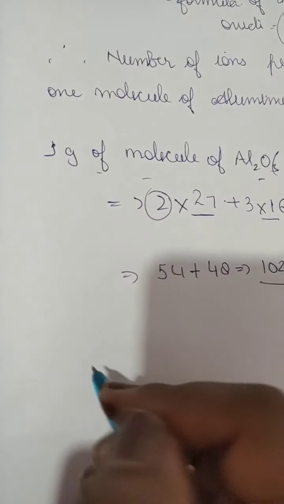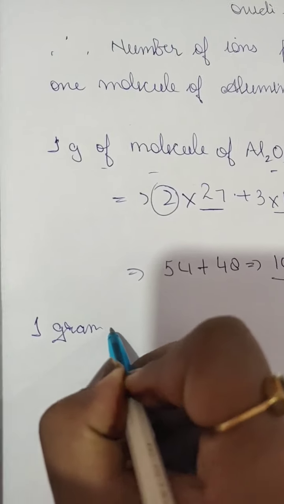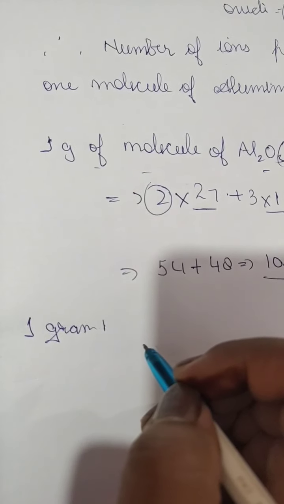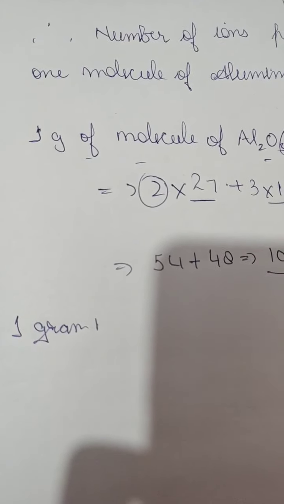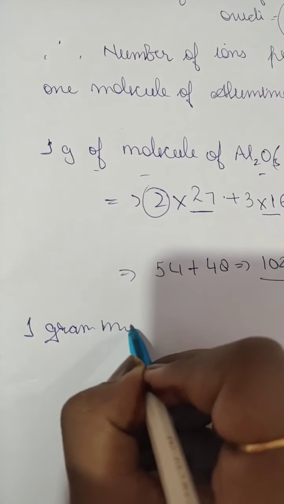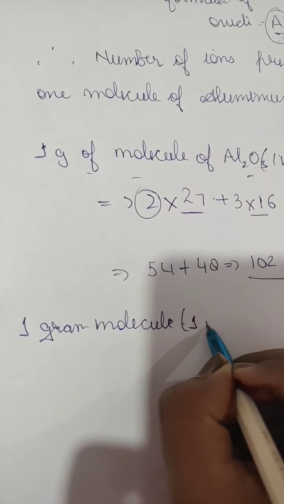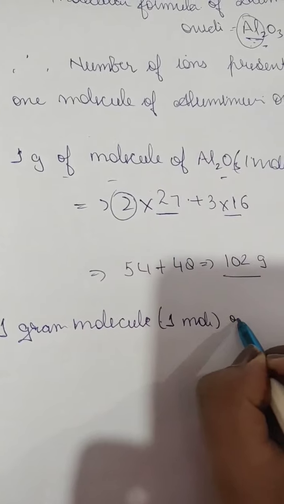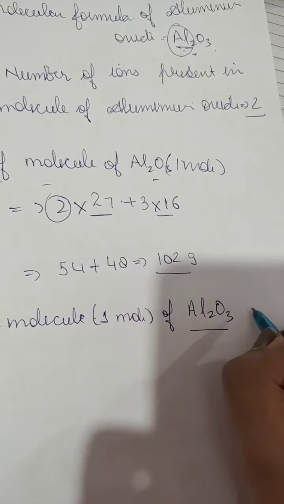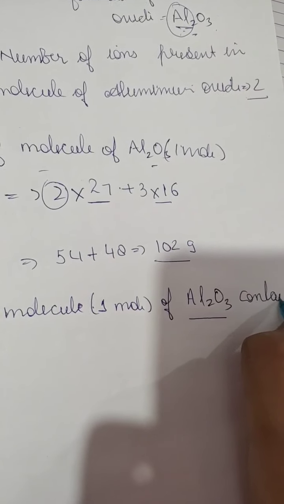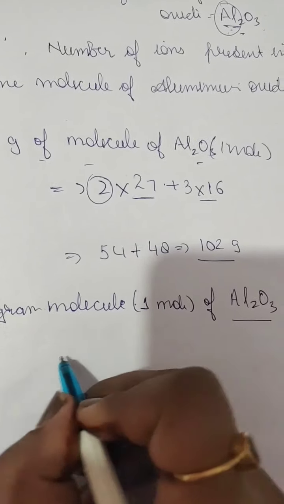Okay, so 1 gram molecule or 1 mole, 1 gram molecule is also correct, or we can also write 1 mole of Al2O3, which is aluminium oxide, contains how many aluminium ions?